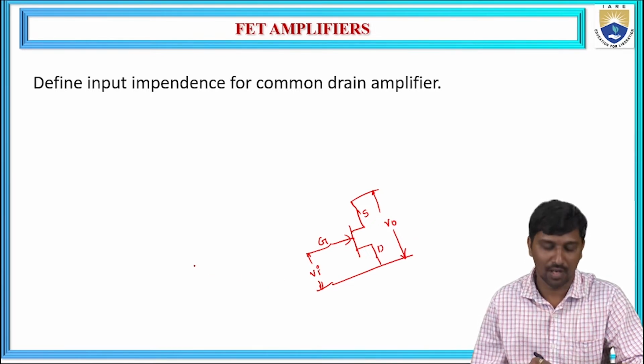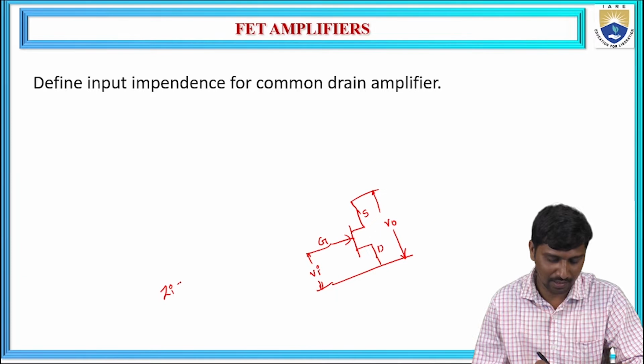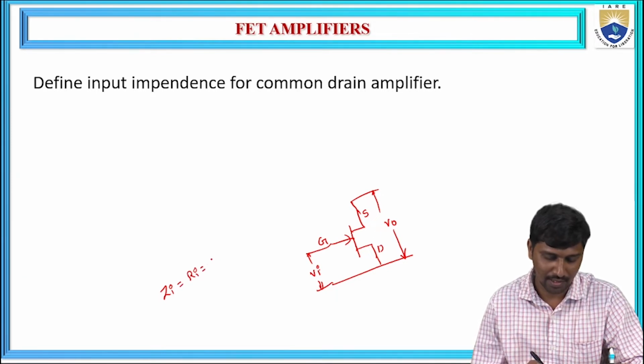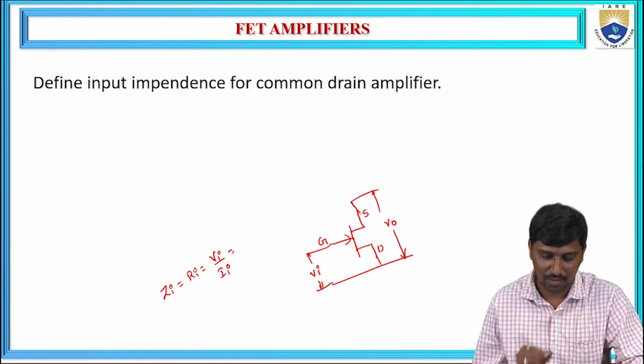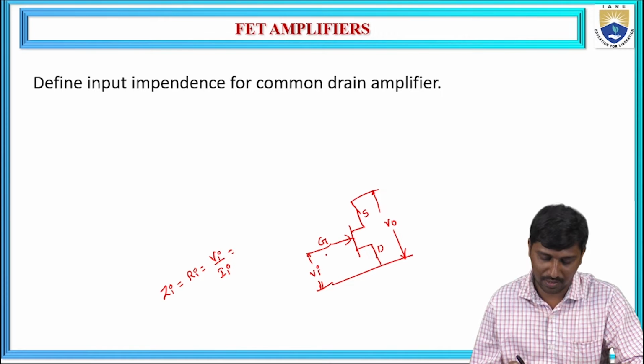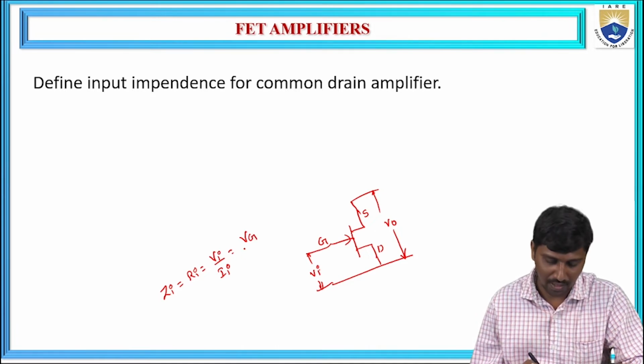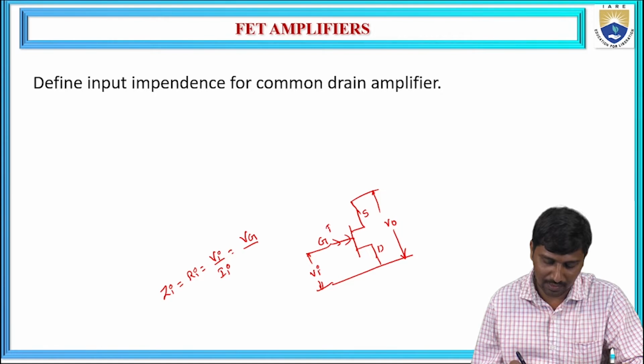Now we are going to define the input impedance Zi, or it is also called Ri. It is defined as the ratio of input voltage to the input current. So from this configuration, if you observe, the input is passing through the gate, hence the input is represented as voltage across the gate, and the input current is represented as gate current, that is IG.